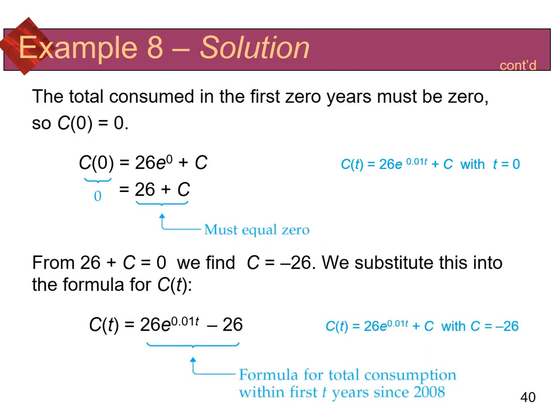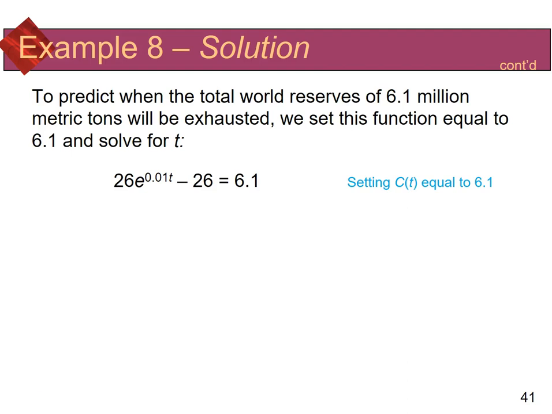So here's one of those instances where your starting amount, or the value you get at C of 0, is not the constant. So this is the formula. And now we want to look at the consumption, or when this will be exhausted. So I'm going to set this equal to 6.1 and solve.